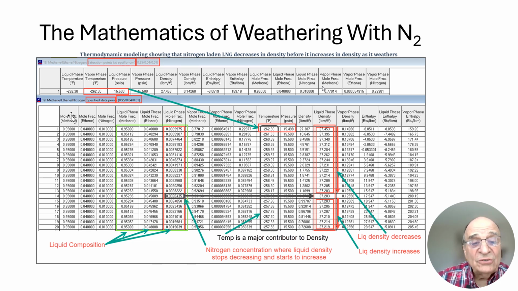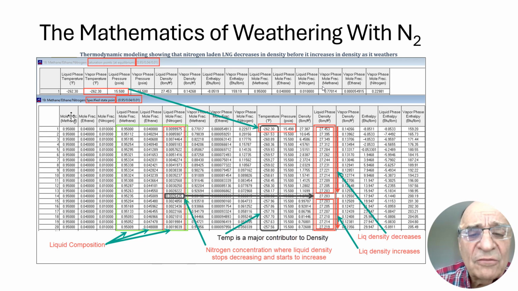So it starts now to increase the density, and you get an increase in density from that point on. Initially it's making the LNG less dense, and then eventually it turns around the other way, and the LNG becomes more dense. By these calculations, this happens for this particular mixture at about 0.26% nitrogen in the LNG.